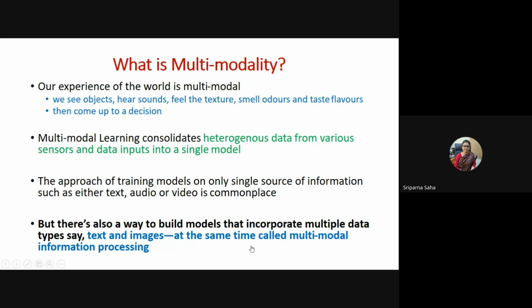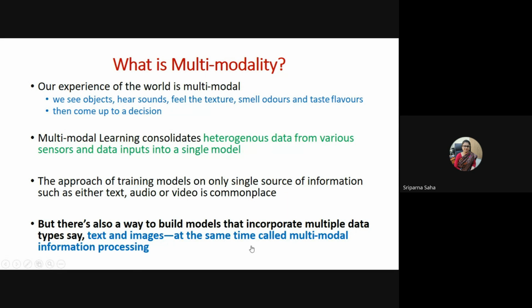So multimodal learning is consolidating the heterogeneous data from various sensors and data inputs into a single model. So we have to collect information from different sources, and then you can combine the information from different sources into a single source, and then you can take a decision.